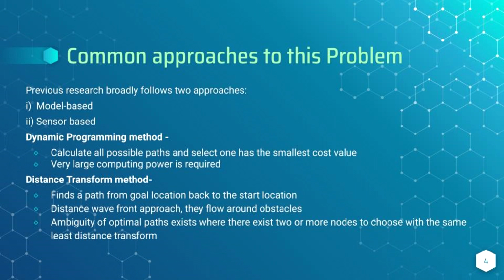Very large computing power is required in the dynamic programming method, especially in environments that have many sub goals in the whole distance. And in the distance transform method, the task of path planning is basically finding a path from the goal location back to the start location instead of the opposite.